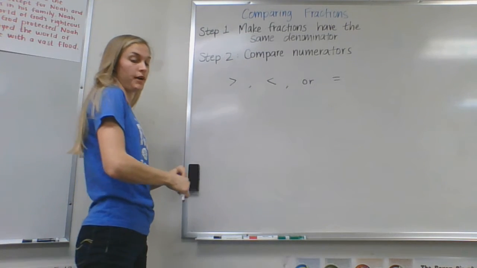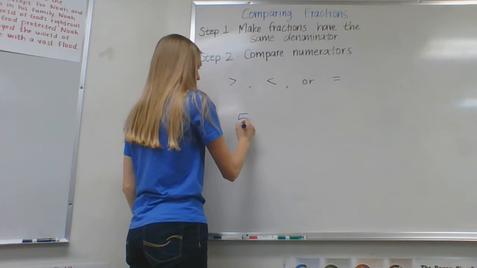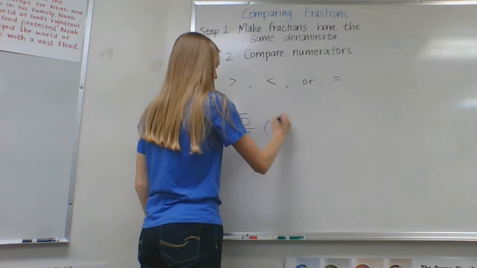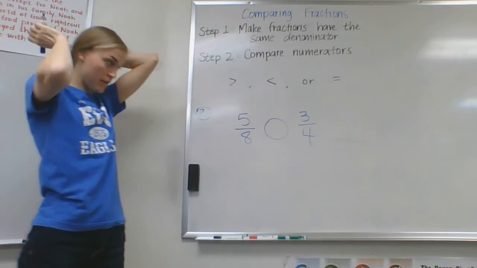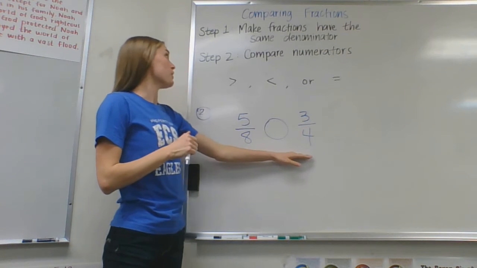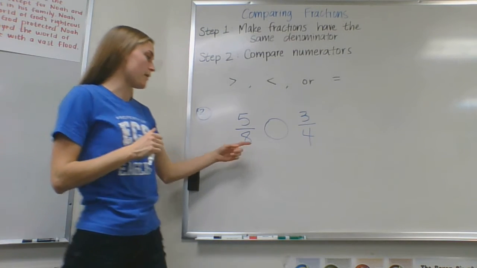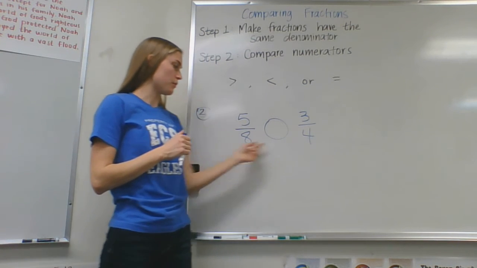Example 2 will be 5/8 and 3/4. This time, for step 1, make our fractions have the same denominator. We have 8 and 4. If we double 4, we can get to 8.